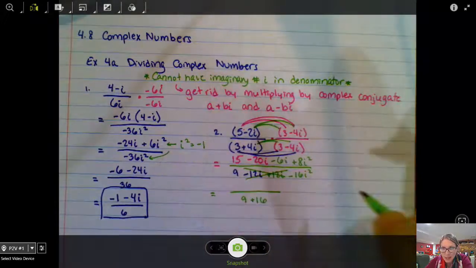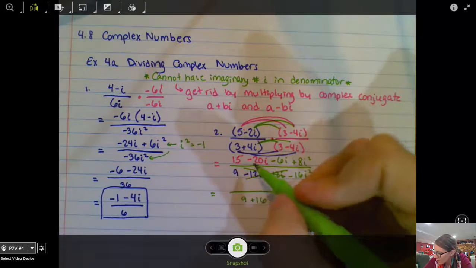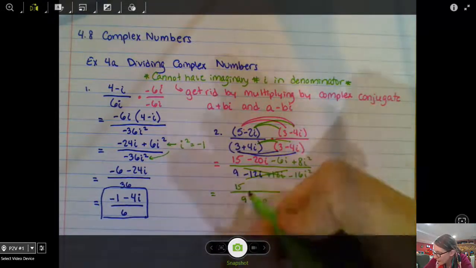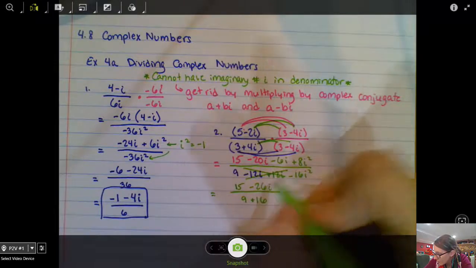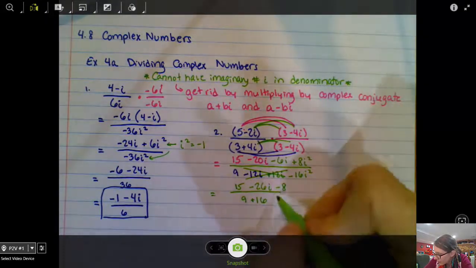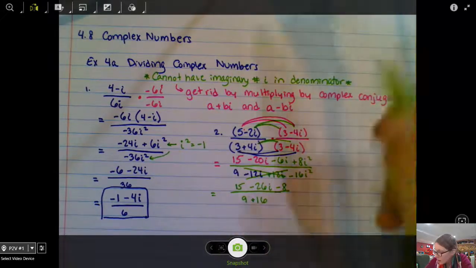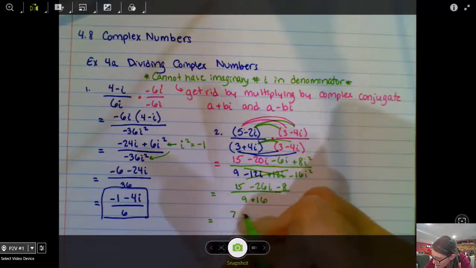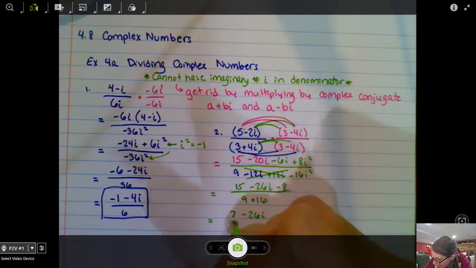And then let's deal with what's on the top. It's 15, negative 20i minus 6i, plus 8i squared is minus 8. Just a little more simplifying to go here. 15 minus 8 is 7, minus 26i, all over 25.